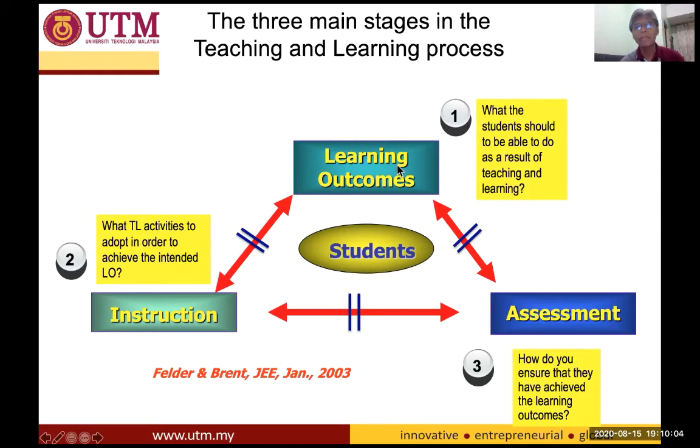It needs to have these learning outcomes, what the students should be able to do as a result of teaching and learning, and then what teaching activities to adopt in order to achieve the intended learning. The third question to be addressed is how to ensure that they have achieved the learning outcomes. And it has to be aligned with one another.